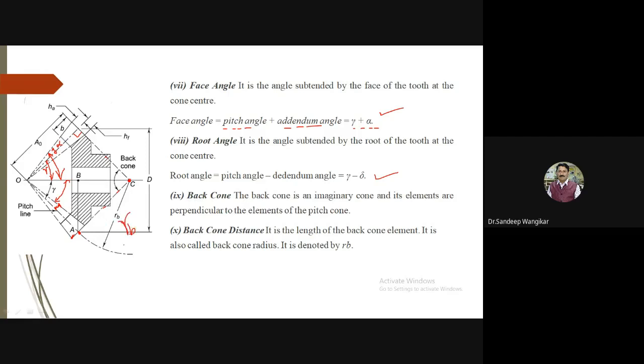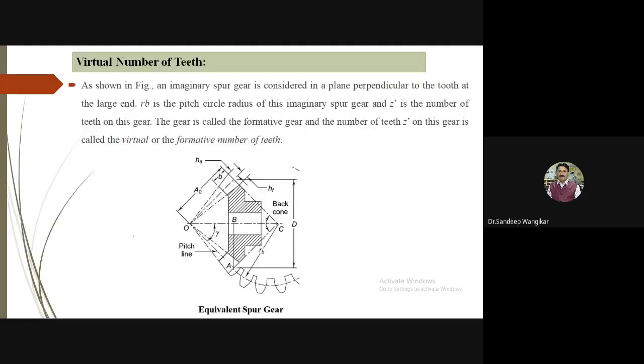It is the length of the back cone element, and it is denoted by RB, taking reference from the diagram.